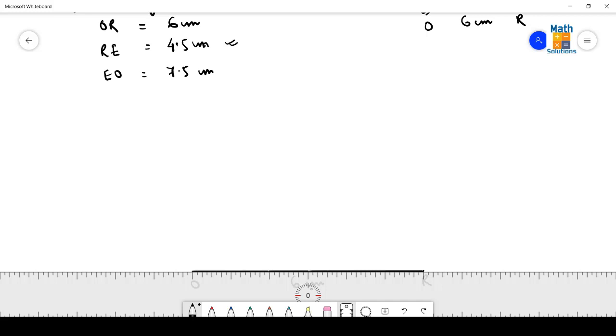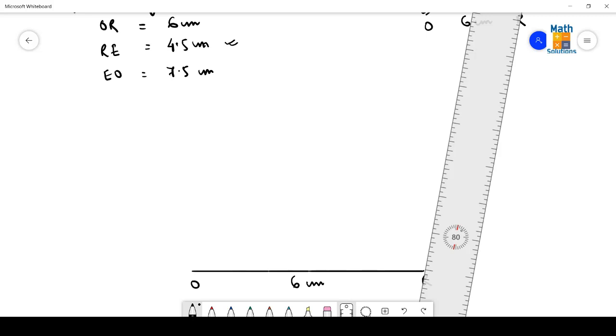So here I shall be taking measurement 4.5. Let's place this. Centimeter wise, this is 1 centimeter, 2 centimeter, 3 centimeter, 4 centimeter, then 4.5 up to here. Up to this mark it is 4.5. So this should be the point where I have to draw the arc.